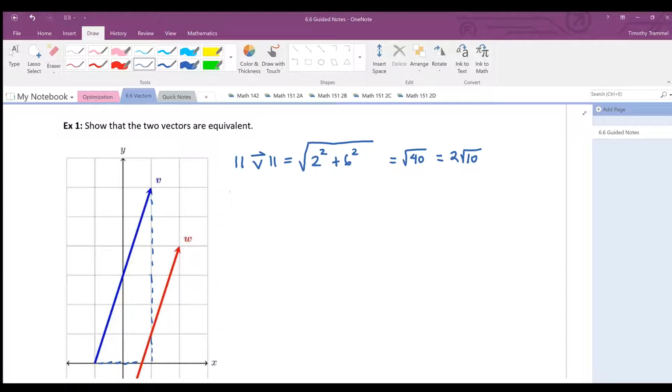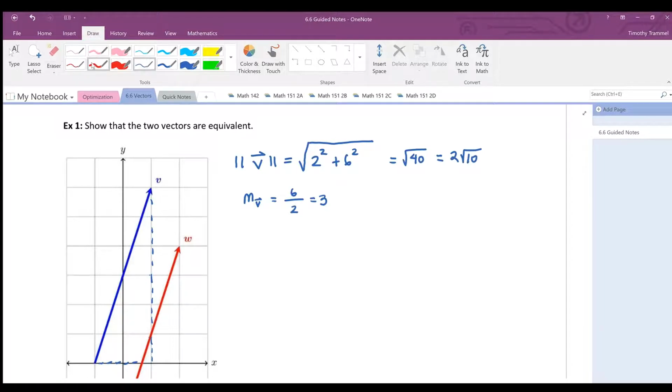So let's just measure their slope. And I'm going to write this as m sub v, just to note that this is the slope of v. Well, again, it rose 6, and it ran 2. So rise over run, we get 3. This thing has a slope of 3.